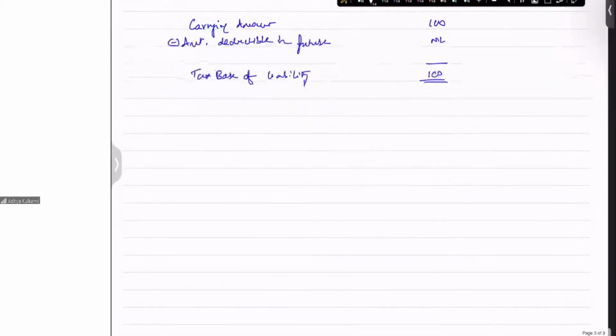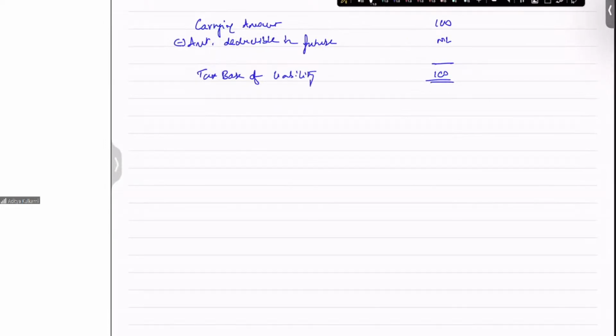We can understand with the help of an example. Very simple example: purchase consideration is 100, net assets acquired is 120. So what is the journal entry you will pass on consolidation? Net assets account debit 120, to bank 100.